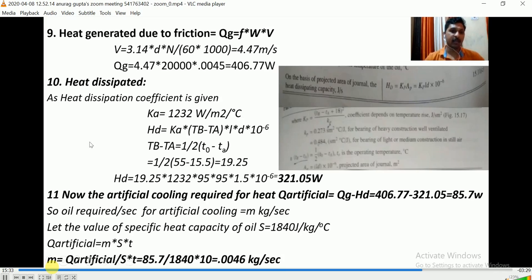From here we can easily calculate the heat dissipation by the bearing through normal convection. So this value comes out 321.05 watt.